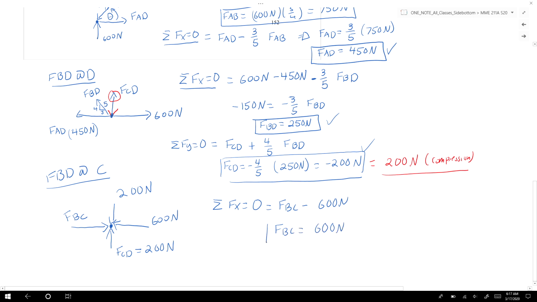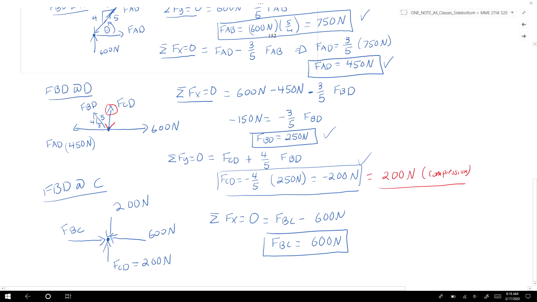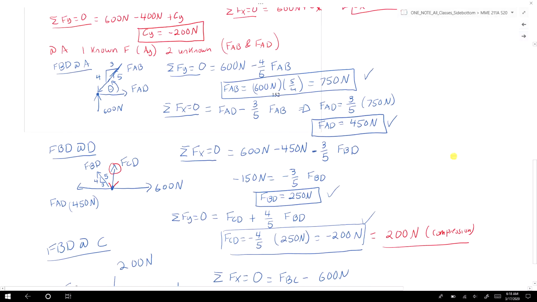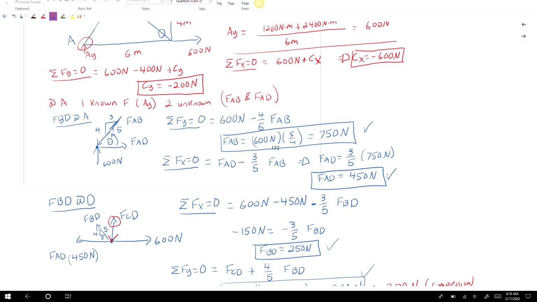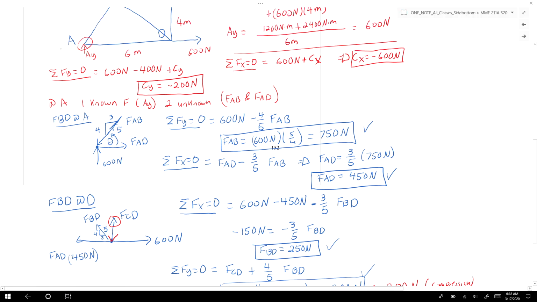All right. So if we go back and look at all of our free body diagrams, what we'll notice is that FAB is going into our joint in our free body diagram here. So FAB would be in compression.